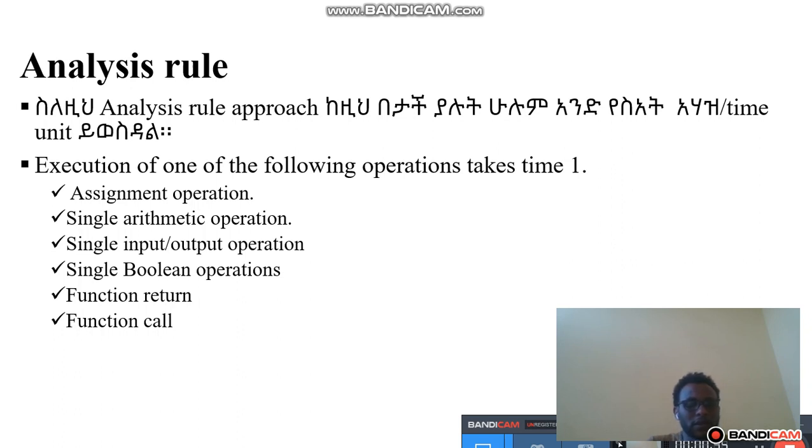ስለዚህ algorithm analysis ከዚህ በታች ያሉ ሁሉም አንድ የሰዓት አሃዝ ወይም ደግሞ 1 time unit ይወስዳሉ ማለት ነው። ስለዚህ አንድ time unit የሚወስዱ types of operation ምን ምንድናቸው? ለምሳሌ assignment operator አንድ time unit ይወስዳል። Single arithmetic operation also takes 1 time unit, single input output operations, single boolean operations, function return and function call.